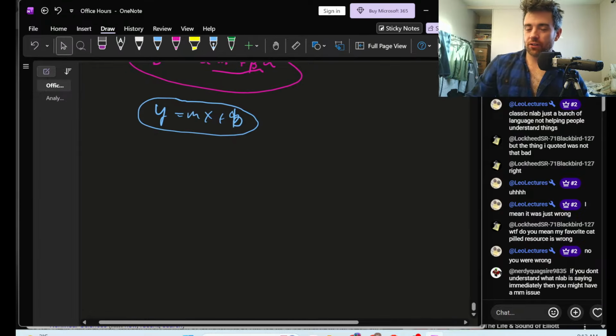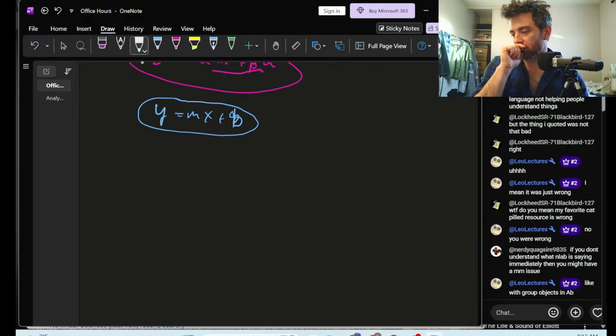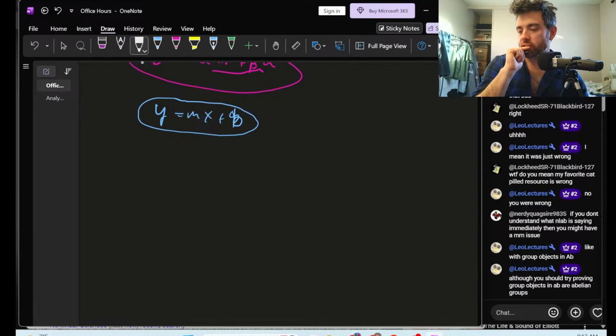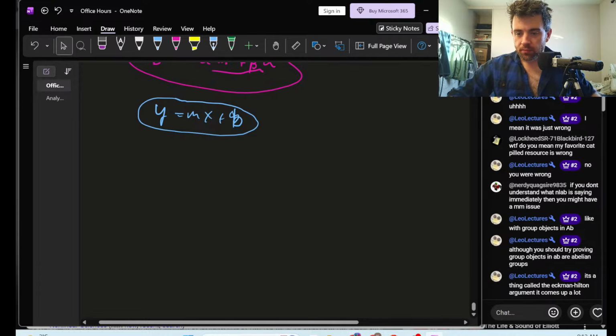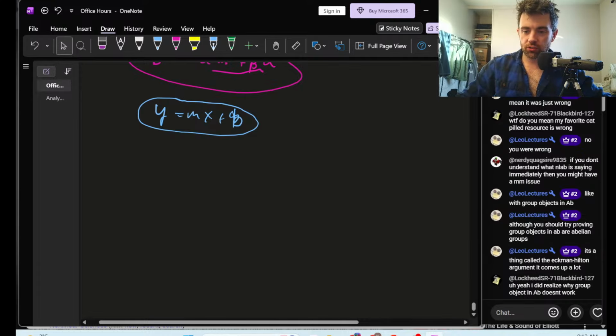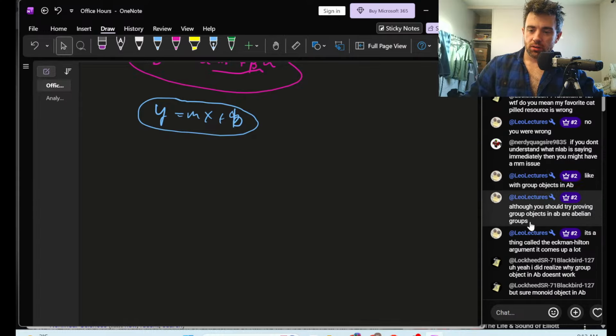We could also try and create a chain of ideals, right? Consider a chain of prime ideals in our ring. I don't know. I should try proving group objects in Ab, or abelian groups. Well, you're talking to me or you're talking to Locke?